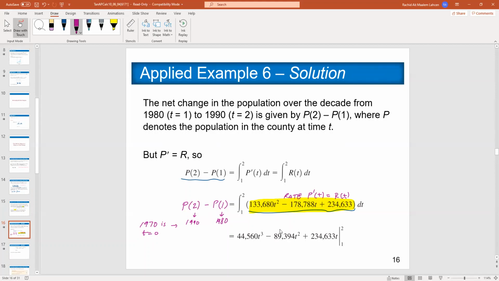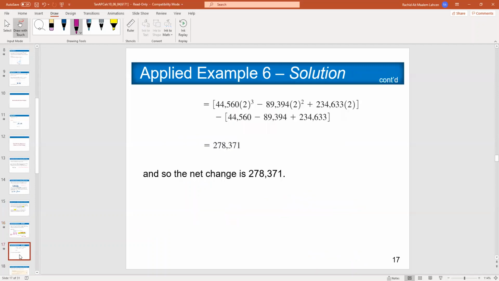So the antiderivative is easy. You just do 2 plus 1, which is 3, divide this number by 3, and the same for the others, and you put t. You see here, no c is used because it cancels in the definite integral.